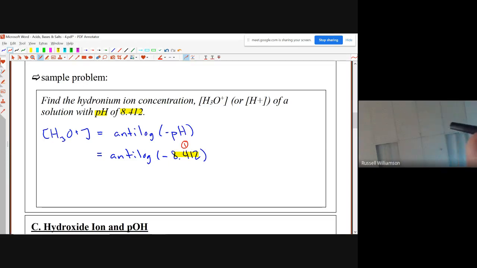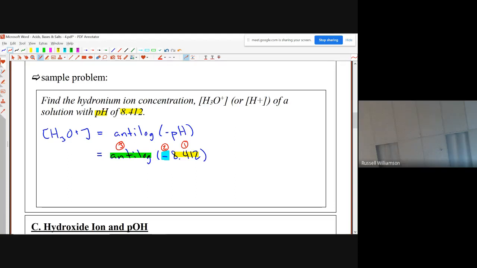So then I want to make that a negative value. That's my next step here. I'm going to hit that plus minus key. And then for my third step, I'm going to take the antilog function. On my calculator, you go second function log. Now, if you're using your own calculator, just reverse the order.